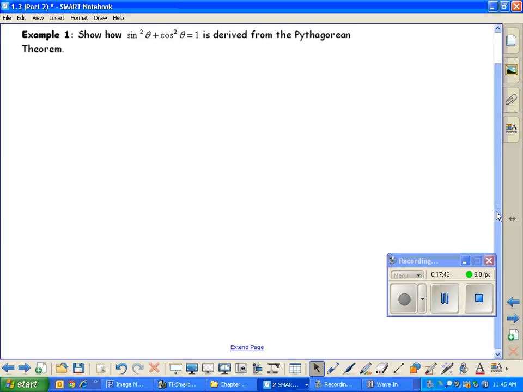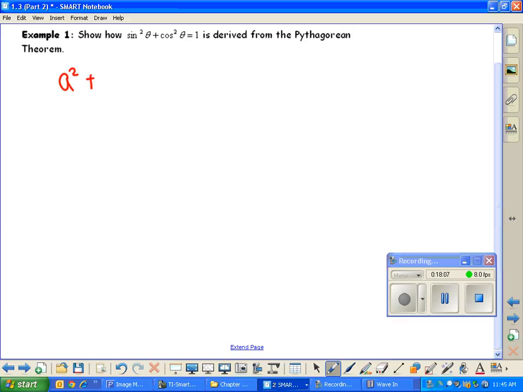All right. Very cool. Example 1. Flipping on over. Show how sine squared of theta plus cosine squared of theta is equal to 1. Is derived from the Pythagorean theorem. Whoa. Do we remember what that is? Yep.